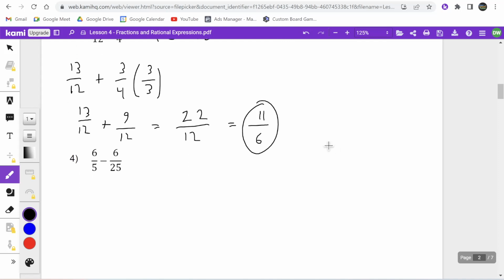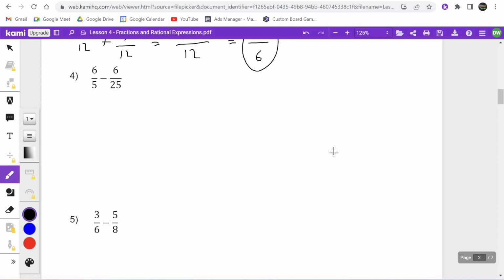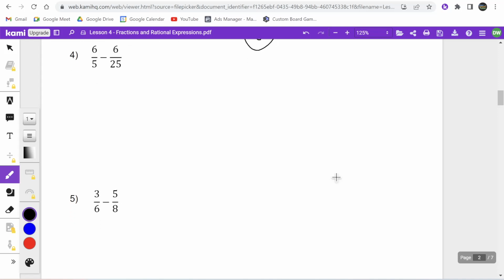Okay. Now for number 4, not number 5, but number 4, how about you try this one on your own? And if you have any questions, let me know. And if you're watching the recording, pause the video and try it. We're going to do number 5 together because I want to. But go ahead and do number 4 on your own.